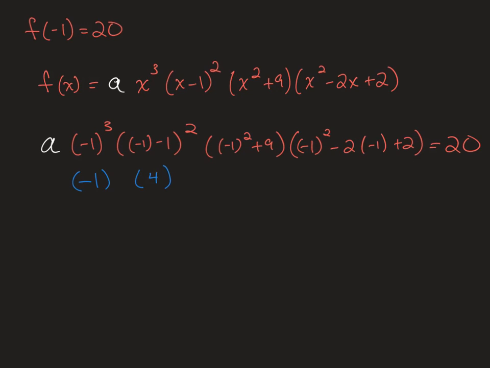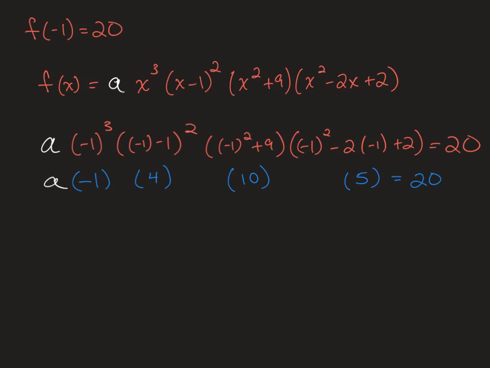We have negative 1 squared, which is 1. 1 plus 9 is 10. And this last one here, we have negative 1 squared, which is 1. Negative 2 times negative 1 is 2. 1 plus 2 plus 2 is 5, equals 20.